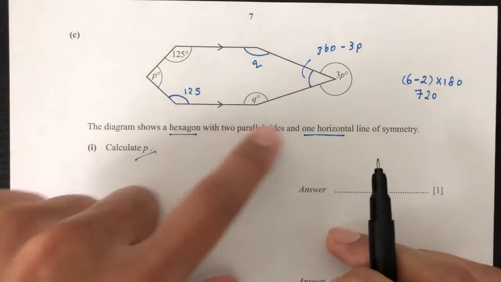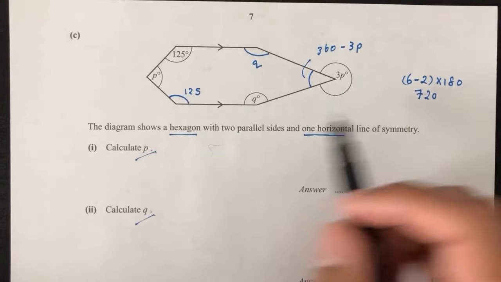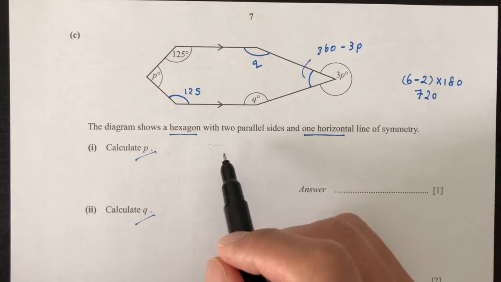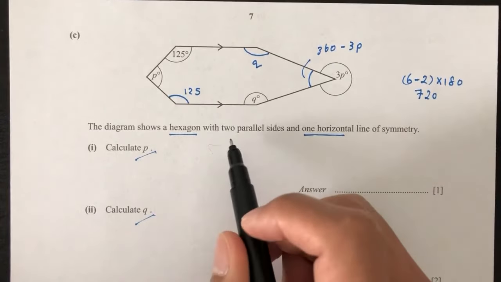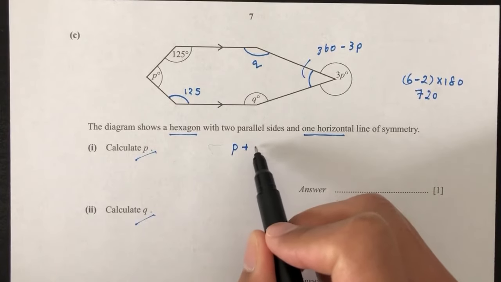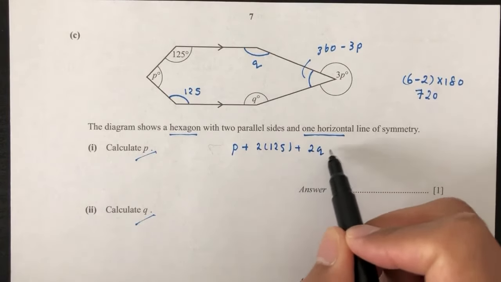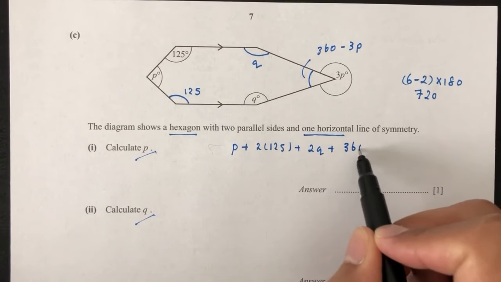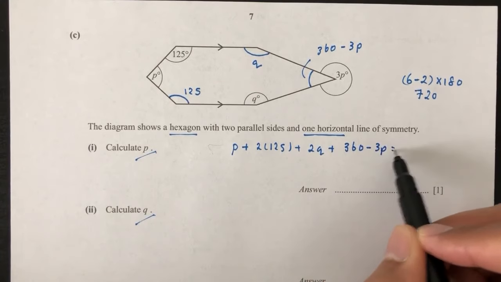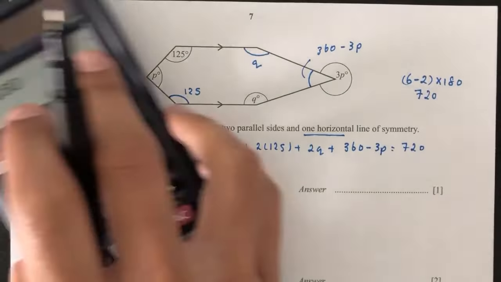So we can form an equation here. If you add everything up, you need to get 720. So let's do that. That's the first equation. So let's write this here. P plus 2 times 125 plus 2Q plus 360 minus 3P should give you 720. So let's simplify.